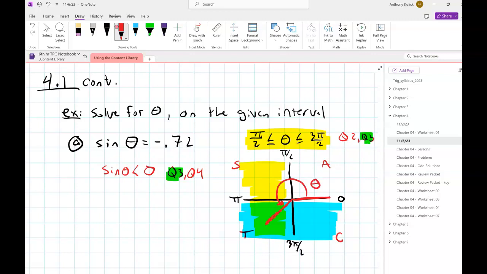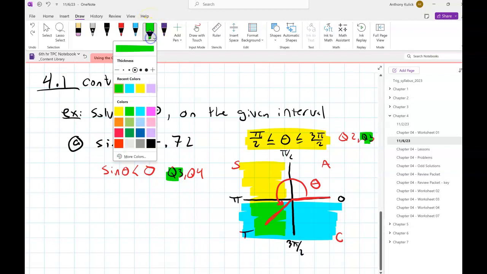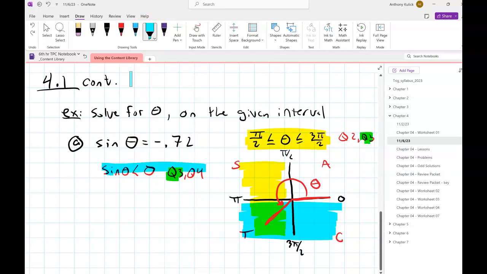So there I'm going to draw my angle theta. This information I colored blue, but the thing that overlapped the yellow and the blue is the green. That's where my answer is, because it has to satisfy both of those two conditions. Is that okay? All right. Everybody so far so good?